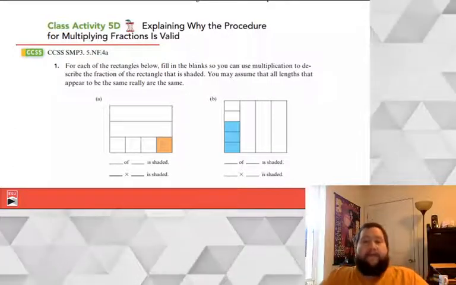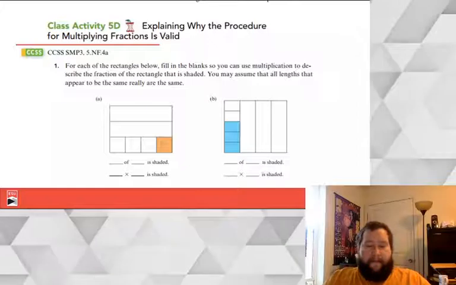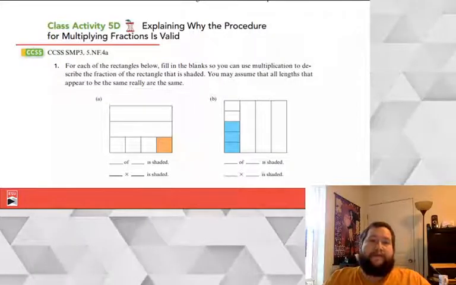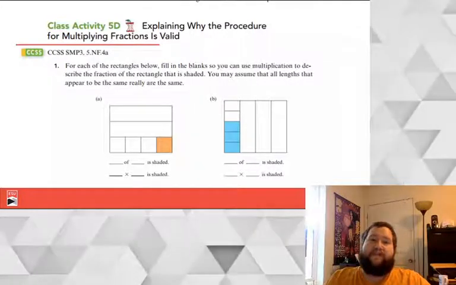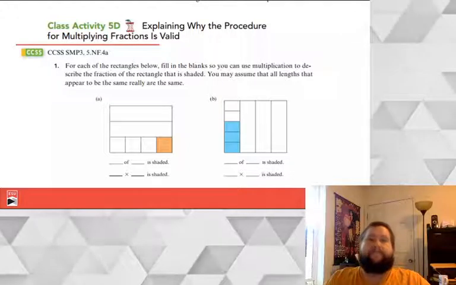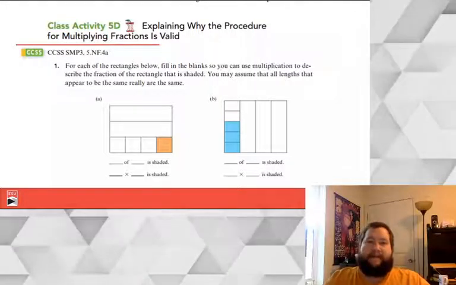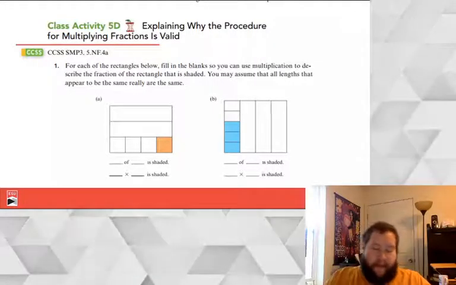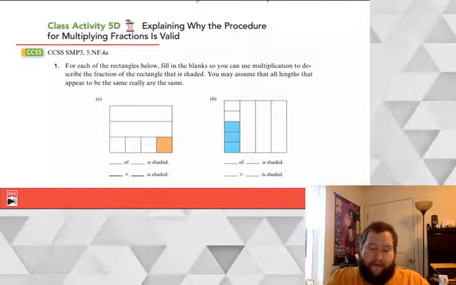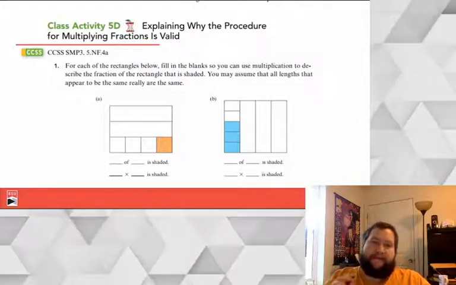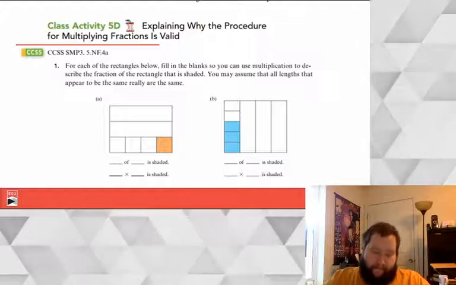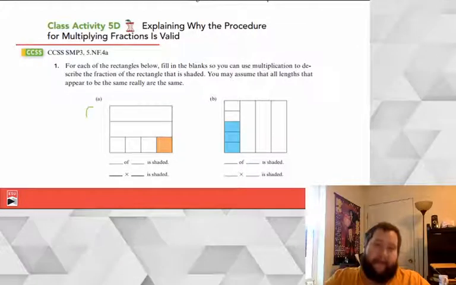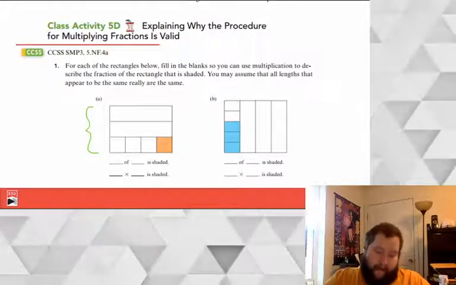So it says, for each of the rectangles below, fill in the blanks so you can use multiplication to describe the fraction of the rectangle that's shaded. You may assume that all lengths that appear to be the same really are the same. So first we have to look at what fractions these wholes are decomposed into. If I look at it this way, I have 3/3, right?